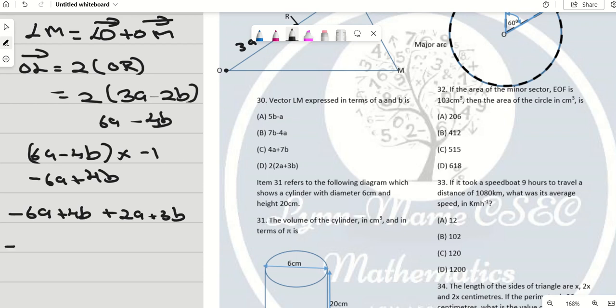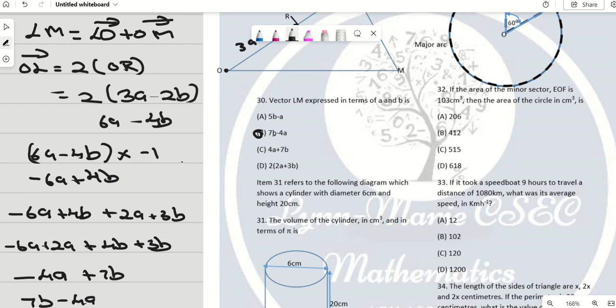Let's put all the A's together: minus 6A plus 2A, and 4B plus 3B. Minus 6 plus 2 is minus 4A, and 4 plus 3 is 7B. So we're looking for minus 4A plus 7B. They put the B's first, so 7B minus 4A would also be the answer. That is B.